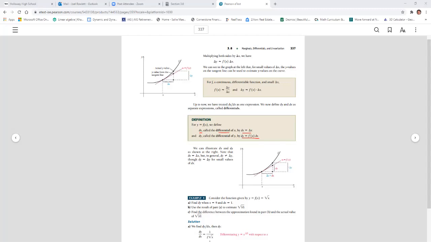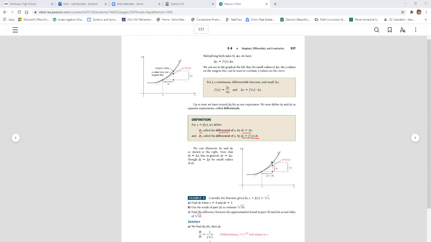Let's look at this picture below. Notice we have several points here. I'm going to highlight the first one in green here. And here's the second point in green.